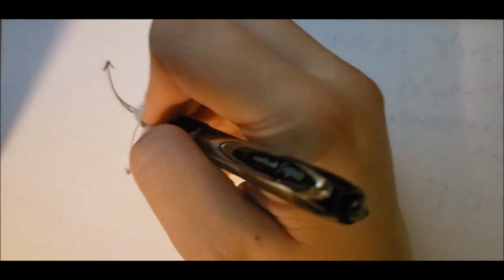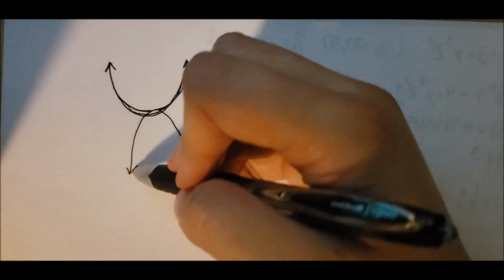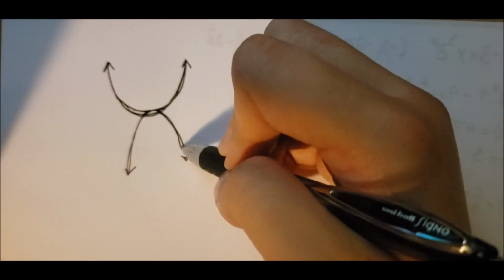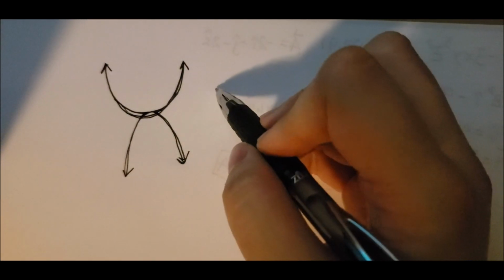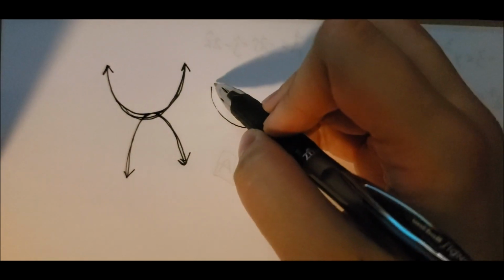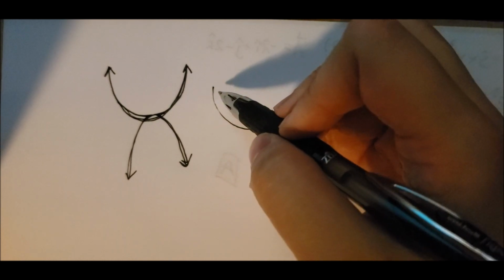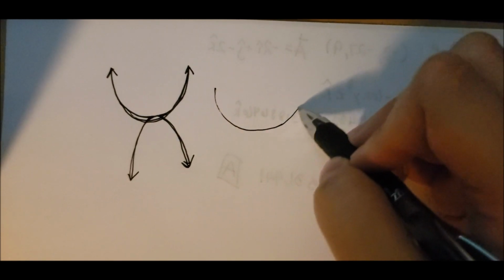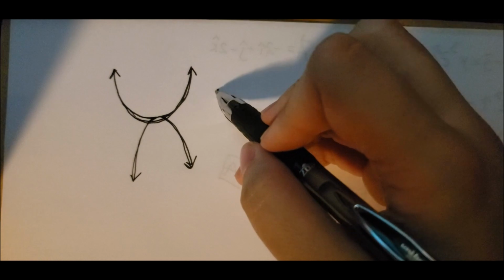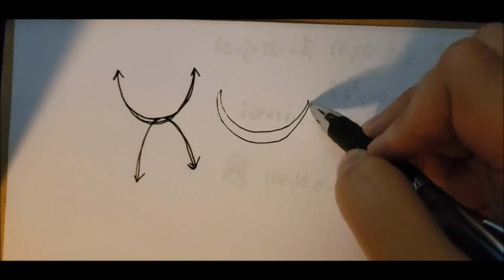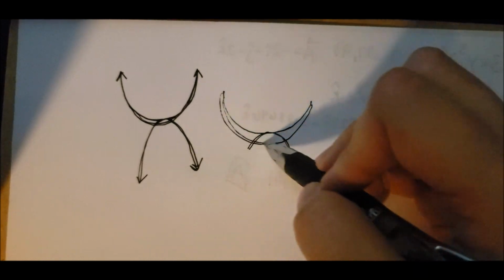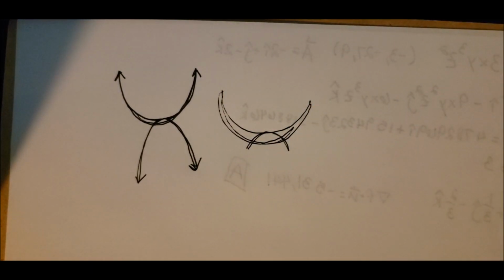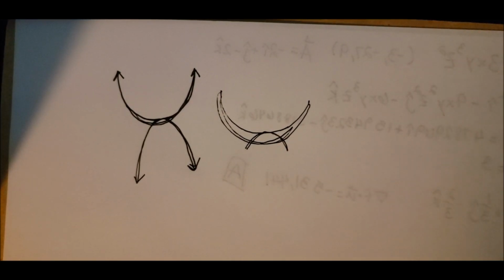Like in the x direction, maybe you have a parabola opening up, but in the y direction, as it crosses, it's opening down. And so it looks kind of like a Pringle. I wonder if I can draw a Pringle. But it's kind of curved right here, curved down, while this section is curved up. It looks kind of like a saddle.